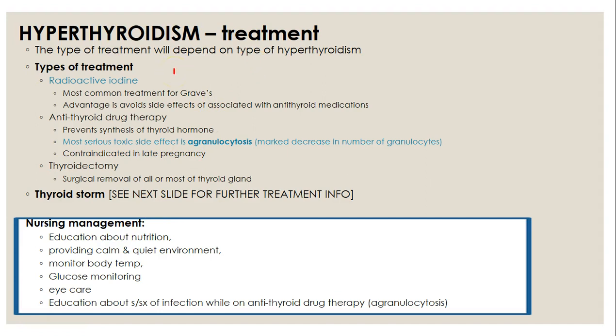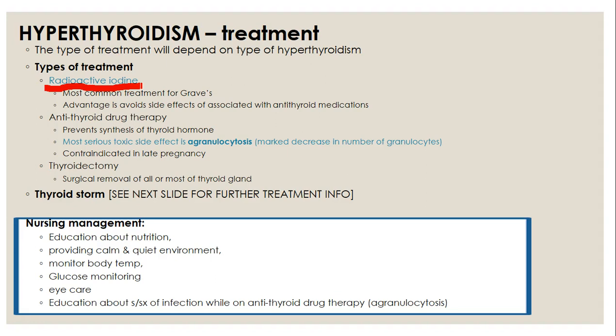Treatment for basic hyperthyroidism is typically going to be radioactive iodine, because if you reviewed the anatomy and physiology of the endocrine system, we talked about how iodine is needed for the production of T4 and T3.